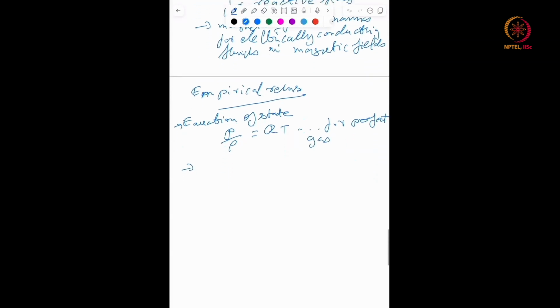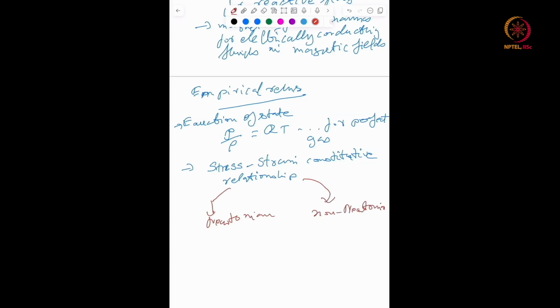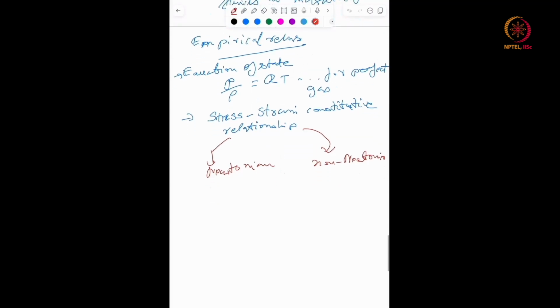Then there is a stress and strain constitutive relationship. For example, one common example is that we say some fluids to be Newtonian, and some fluids we say non-Newtonian. So that is basically the relationship between stress and strain. Okay, so Newtonian fluid is easy, most common.